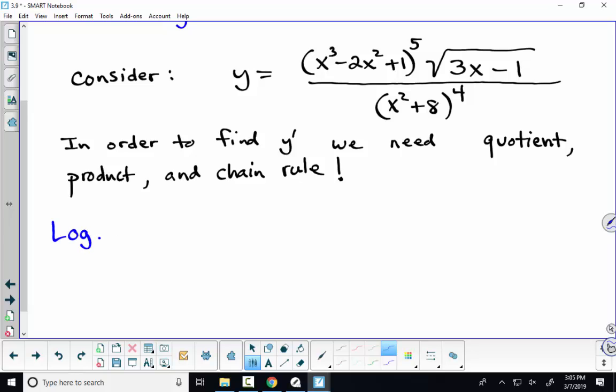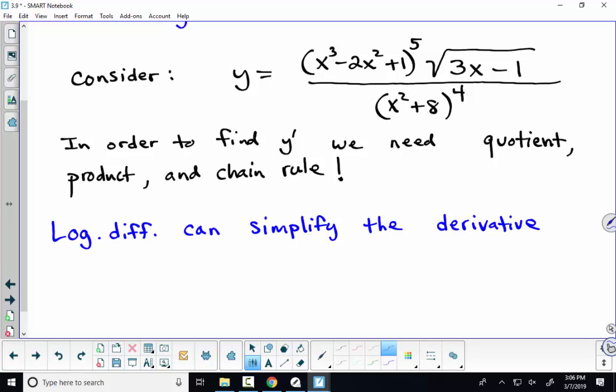Logarithmic differentiation can simplify the derivative process, especially for functions like this, but just know that this is a valid technique, no matter what kind of function we're looking at.